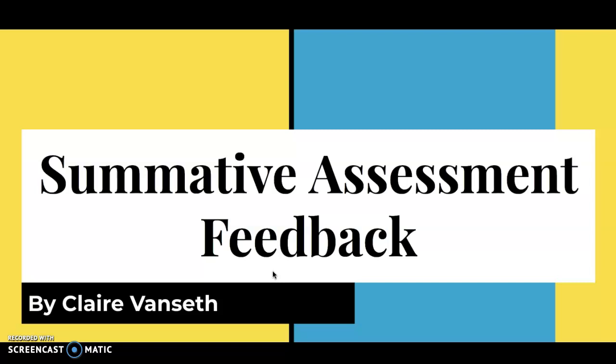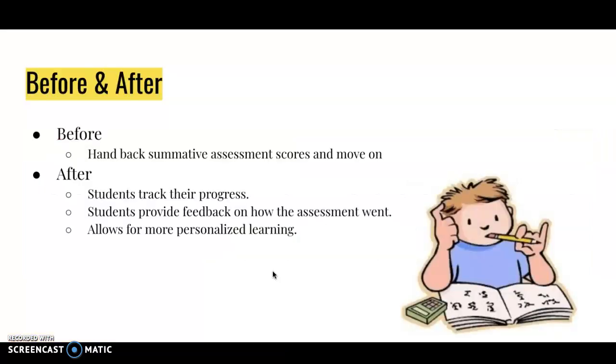At the end of every unit, there's a summative assessment feedback, and then I hand out the students' vocabulary list for their next chapter and provide them time to not only give feedback on how the last unit went, but then they're able to start the vocabulary building for the next unit, because for a classroom of ELs at the high school level, building that academic vocabulary is really key.